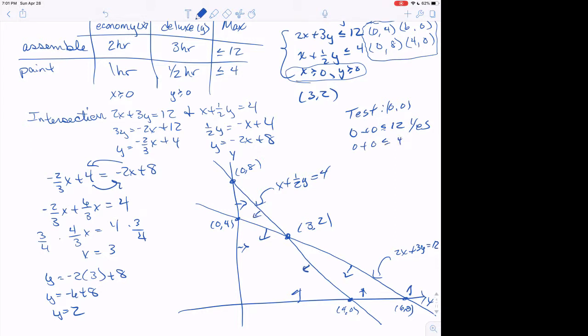And notice that for this region right here, I have 2 arrows. But this line right here is not pointing that way, so I can't go there. And for this region right here, I have this line that's not pointing there, so it's not there. But notice for this region, everything is pointing there, so that's my answer.